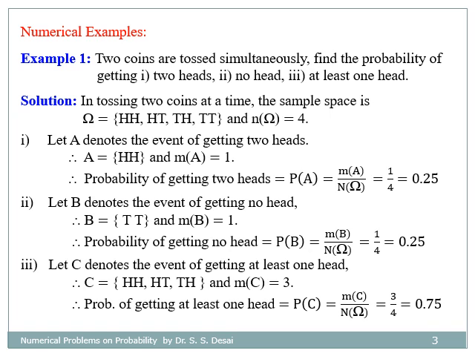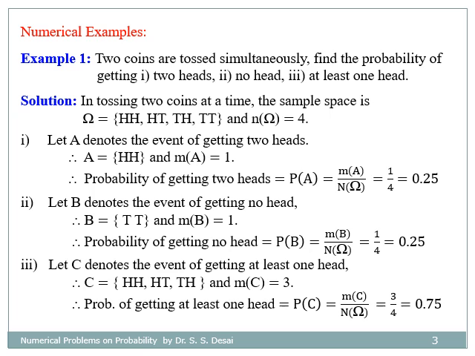For the second part, let B denote the event of getting no head. There is only one outcome having no head, that is both tails, and therefore the number of favorable cases for the event B equals 1. Here also the probability of getting no head, that is probability of B, is 1 by 4, that is 0.25.